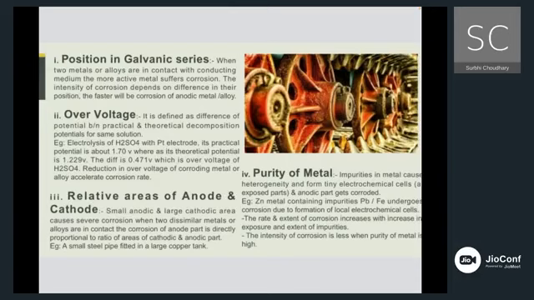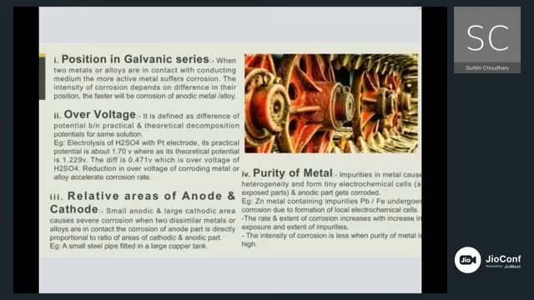Okay? Move towards the third point, that is the relative areas of anode and cathode. Basically, corrosion is increased when the anode surface area is smaller and the cathode is larger in size. This is because when the anode is small, it will give its electrons, and those electrons convert it into metal oxide easily, and disintegration takes place.